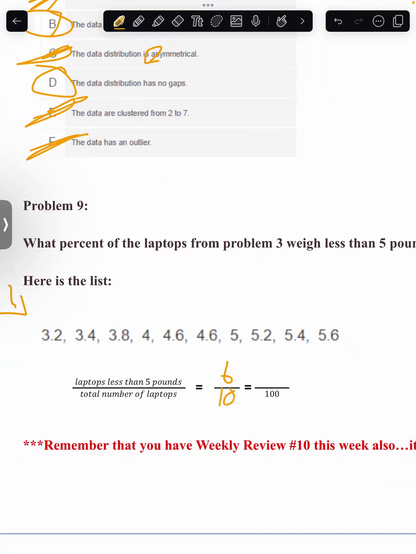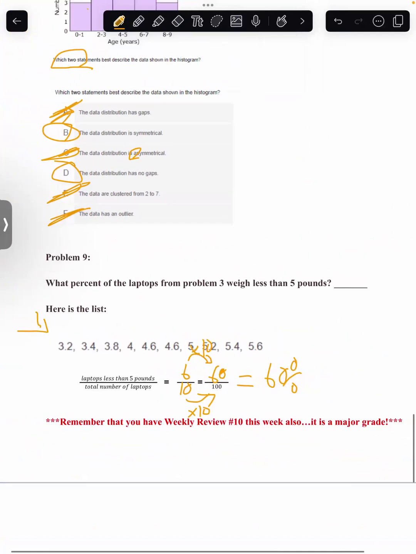So what percent is that? Well, to get from 10 to 100 is times 10. What you do on the bottom, you do on the top. So that's 60 over 100, which is 60%. All right, 60%.